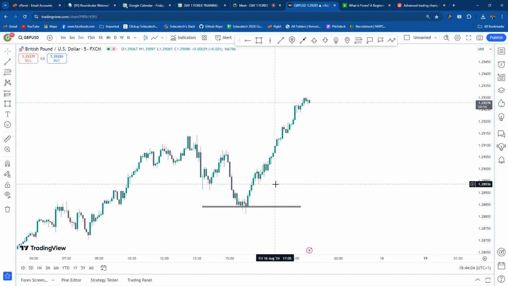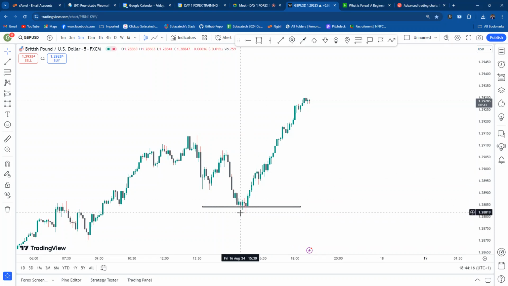You have to tell me, is it bullish or is it bearish? When I understand that you are good with the terminologies, you and I can look into the charts together to see what we can depict as a bias. From here, the market has been in the upward direction. So I can tell someone that at 1.28842, as the peak value, GBP USD has been bullish. That is a great terminology.